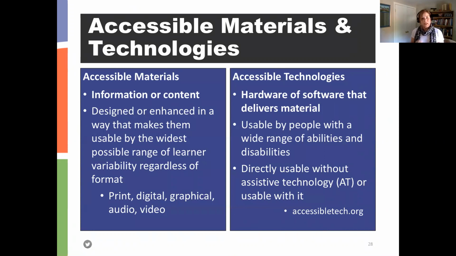So even if a technology isn't inherently accessible for a student with blindness or low vision, perhaps that student uses a refreshable braille display. If the technology is compatible with that, for example a Bluetooth refreshable braille display, and the technology is Bluetooth enabled, then the technology is accessible because it does allow the use of assistive technology with it.